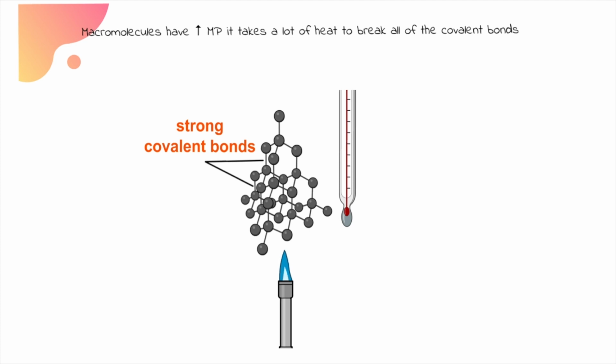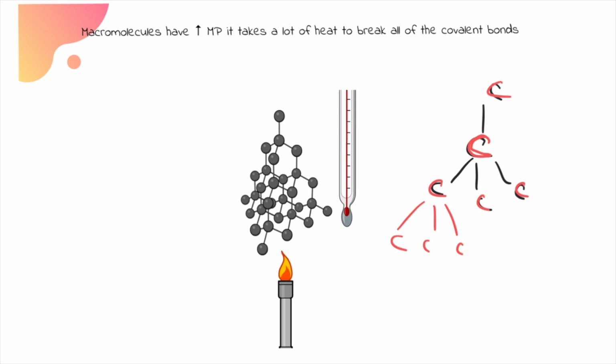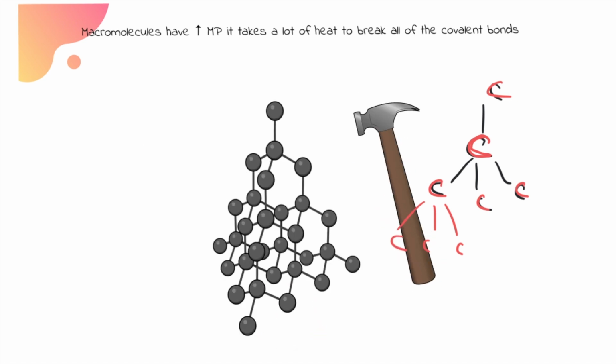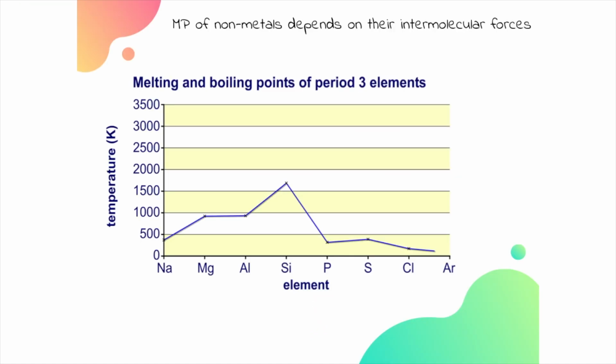So to break those covalent bonds, it takes a lot of thermal energy to break every single one of them, and that's almost impossible. So in diamond, carbons are attached via 4 covalent bonds. So every carbon has 4 other carbons around, and I have to break every single one of these, and that's really difficult.